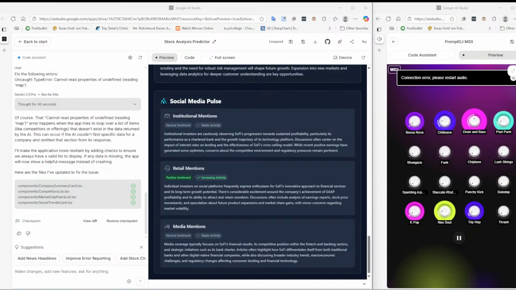You got retail. Individual investors on social platforms frequently express enthusiasm for SoFi's investment approach to financial services and long-term growth potential.